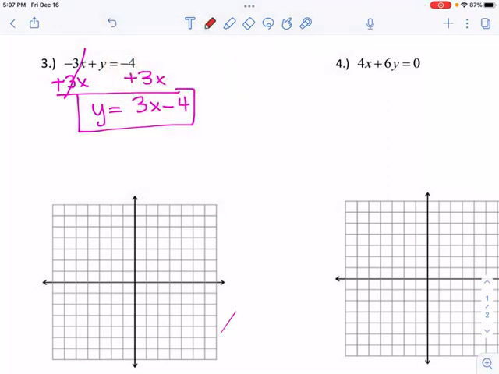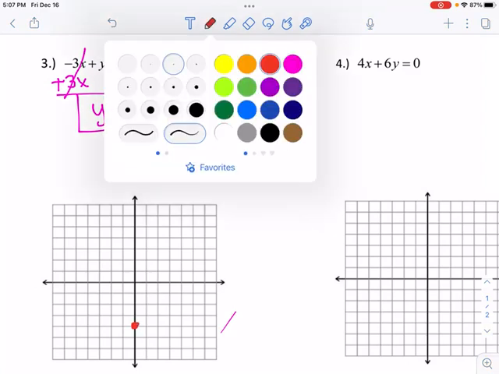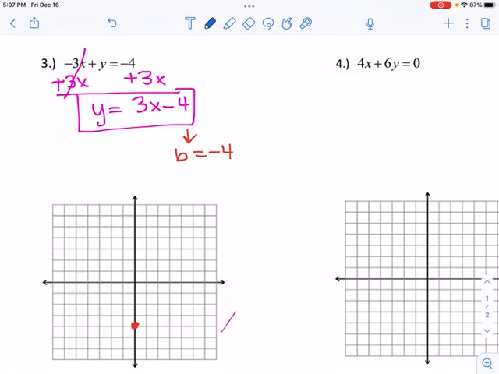We can start with our y-intercept, and that's going to be a b of negative 4. So travel on the y-axis down 4, 1, 2, 3, 4, and make a point. My slope is 3, and we know that slope always has two parts.